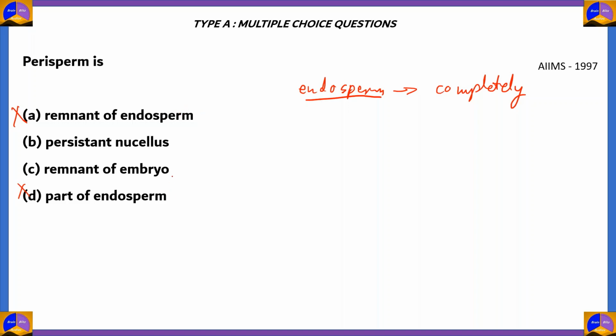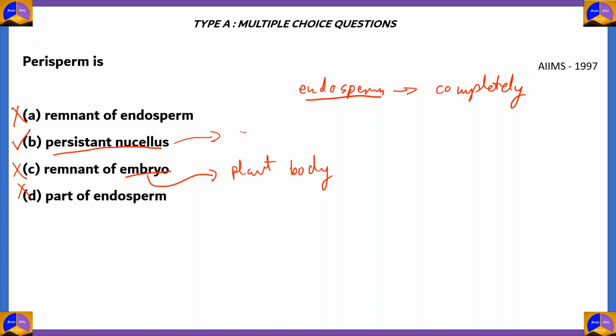Let's look at option C, remnant of embryo. Now, an embryo develops to form the actual plant body, which comprises the root and the shoot. So therefore, option C will also be incorrect. The right answer is that perisperm is persistent nucellus.